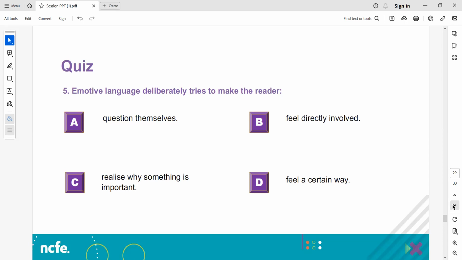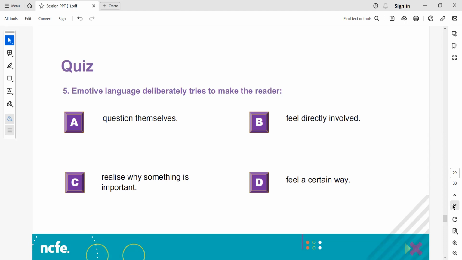It can be to make them feel directly involved. I think there's probably two right answers here. And also, we want to make them feel a certain way. Good. So we want to make them feel guilty. We want to make them feel upset, possibly, so that they'll donate money.